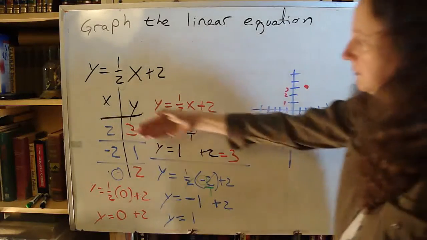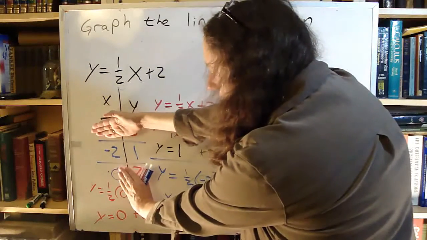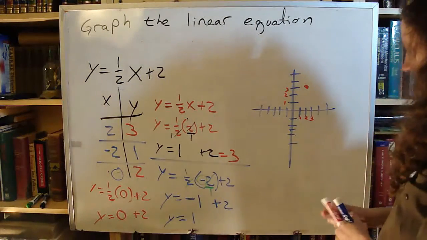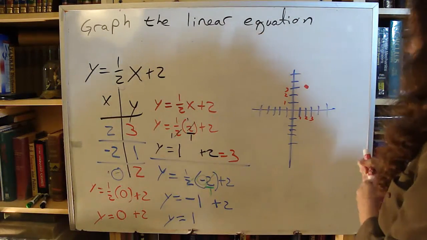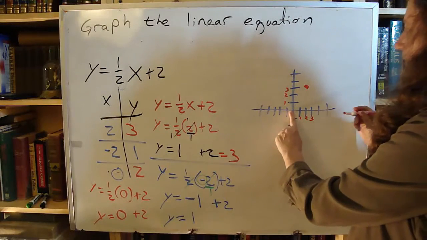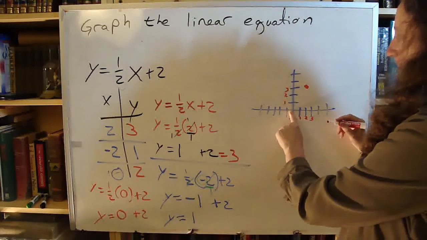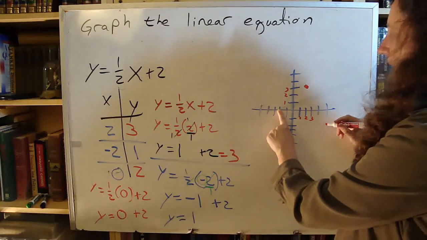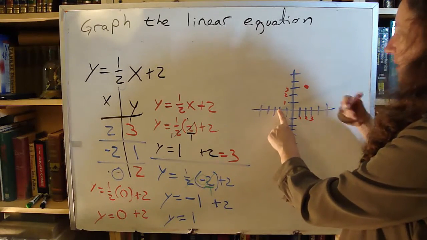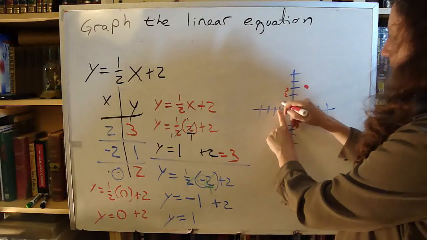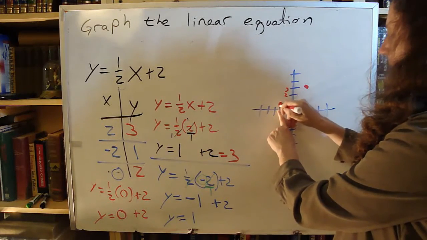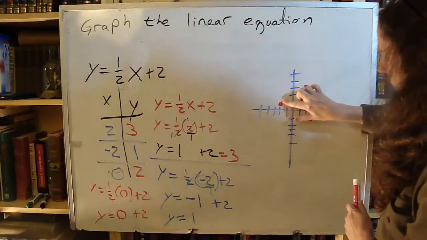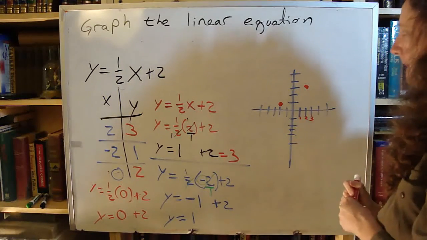Second point. -2, 1. So x is -2. So I count backwards from 0 two places. So -1, -2. In my y direction, I count +1. So I go up 1, and I put my dot. I'm going to get rid of these numbers so it's easier to see what I'm doing.